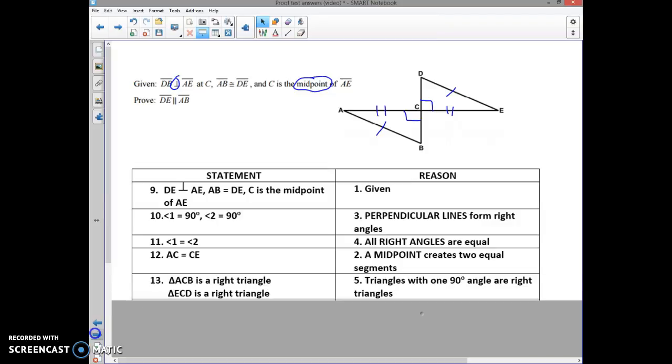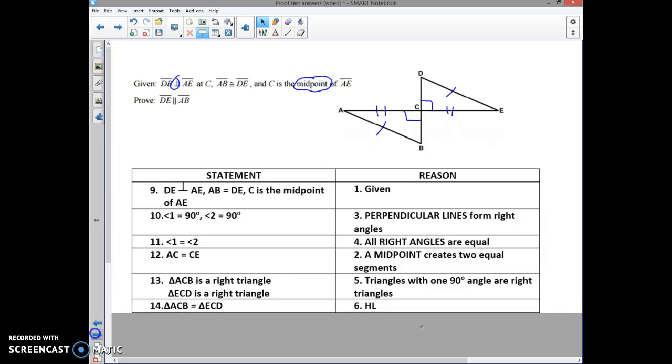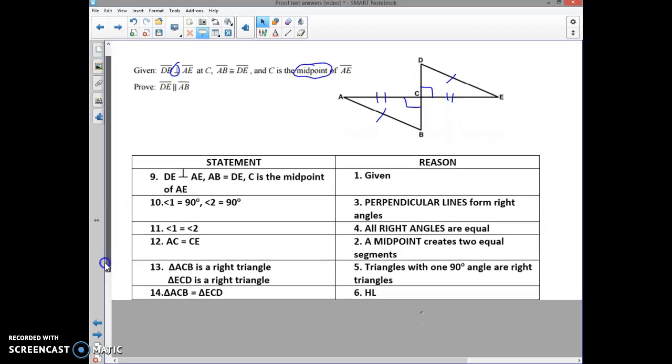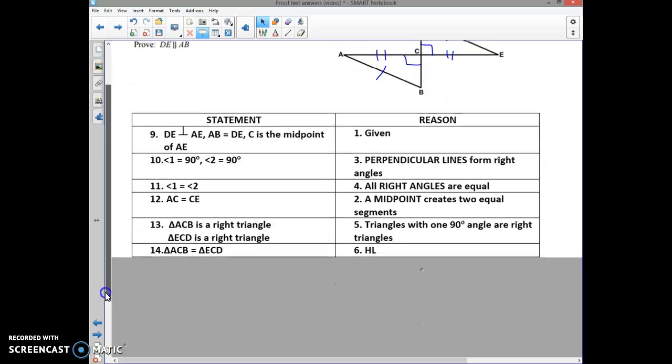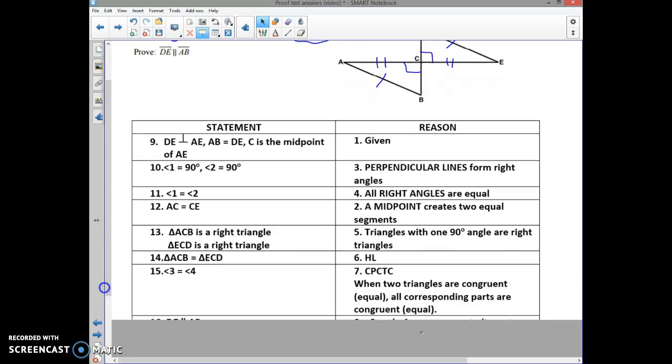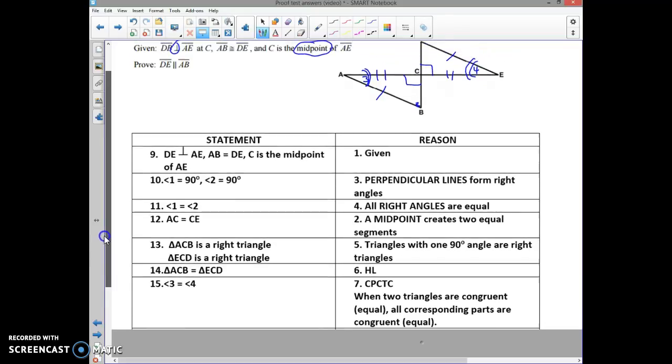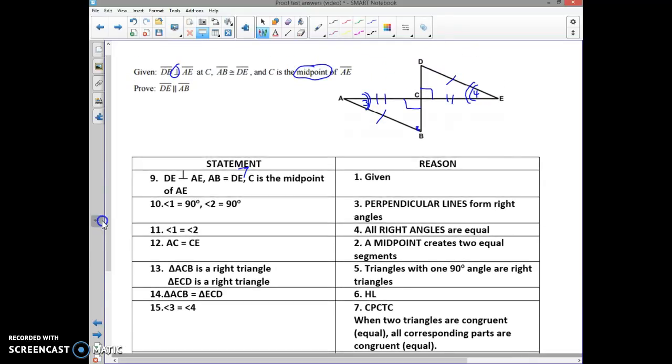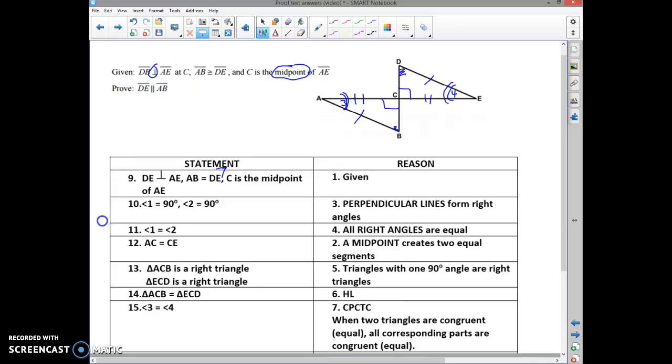And we have right triangles to use hypotenuse leg. Notice that you have some repetition. We have corresponding parts of angle 3 and angle 4. That would be here and here. Or really you could use this angle and this angle as well. Either one are perfectly fine.